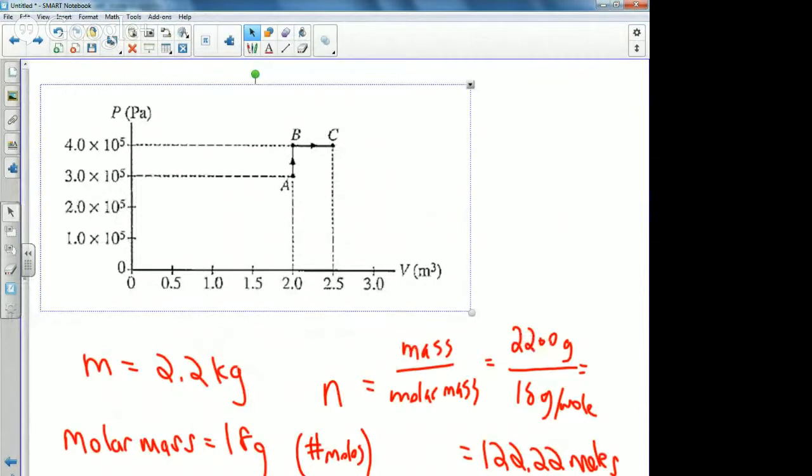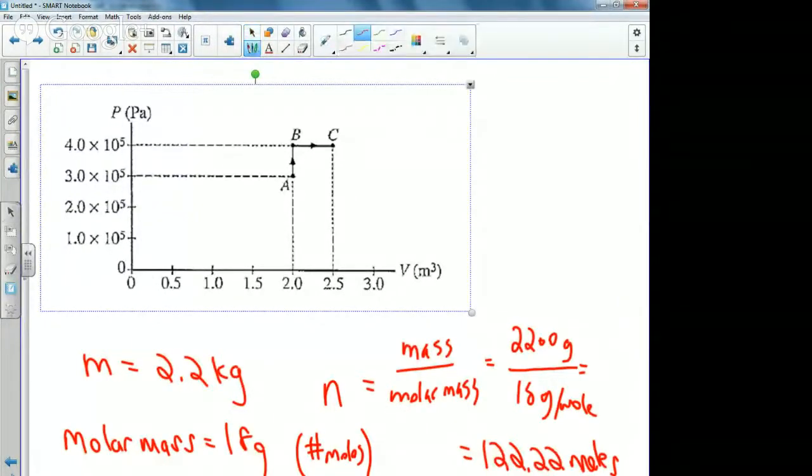Remember, when you have a PV diagram, you can always just read off of it. If you don't want to solve the whole question, you don't have to. At the very least, you should be able to write down the right formula to solve for temperature, because you should be able to look at any PV graph, especially with the number of moles, and solve for temperature. So how do I find temperature at A?